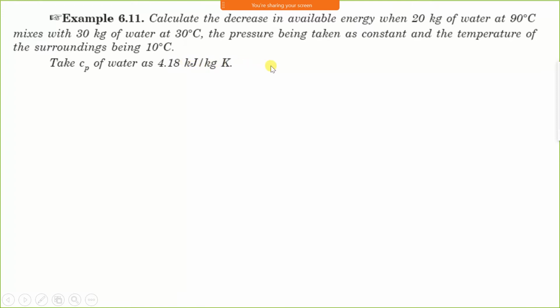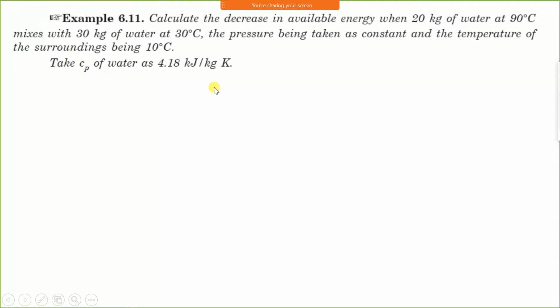We will add the available energy of water at 90 degrees Celsius and 30 degrees Celsius. It will give us the available energy. Then we will calculate the available energy of the mixed water and subtract it from the available energy of the individual waters. We will get the decrease in available energy.